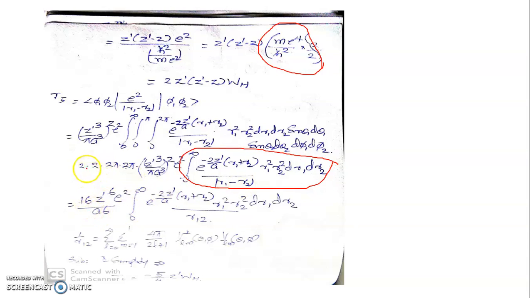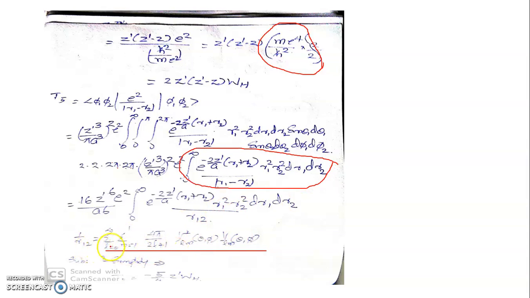So overall these terms become 16 (Z' cube)^2 Z' raised to 6 e square divided by a power 6. Pi square is here. Pi square will vanish with these two pi's. Integral 0 to infinity e raised to minus 2Z' by a into (r1 plus r2) by r12 into this volume element terms.